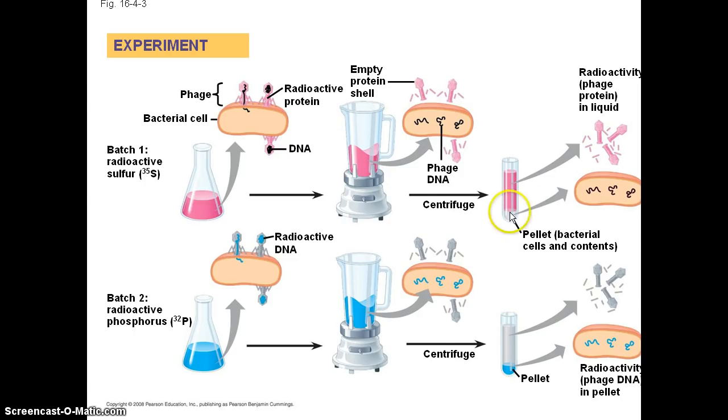What they then did was centrifuge samples and look at the radioactive material found in the supernatant, this fluid, and in the pellets. And what they found is the pellet that contained the heavier bacteria was able to show that the phosphorus, the radioactive phosphorus, was what had been inserted into the host cell, and that the radioactive sulfur from the protein coats was found in the supernatant.